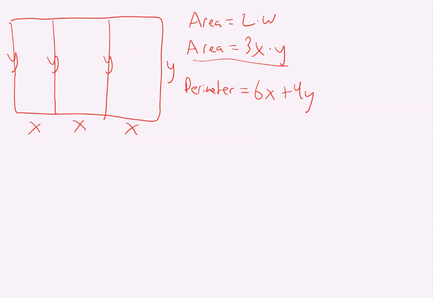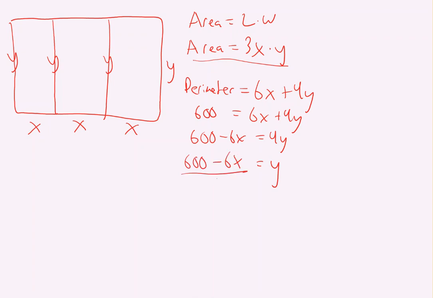So 6 of these lengths and 4 of those lengths ends up being the fencing I need to use. And for this question, they say that is 600 feet of fencing. And this gives me an equation that I can now solve for y. It looks like y will always be 600 minus 6x all divided by 4.